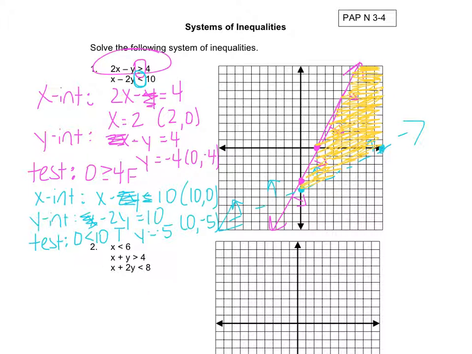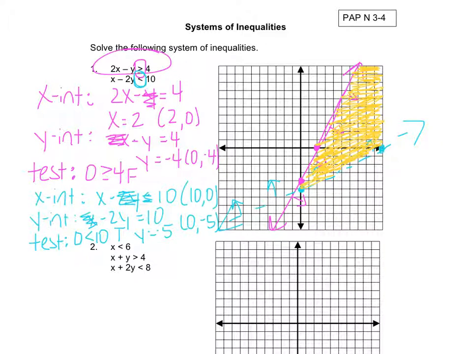When you're solving a system of inequalities, you're trying to find all the points that they have in common, which is where they're both shaded. So again, on these, I don't care if you use multiple colors, and you can shade both of them and then darken the double shaded area, or just draw the arrows and then only shade your solution at the end. So you can do it however you want.